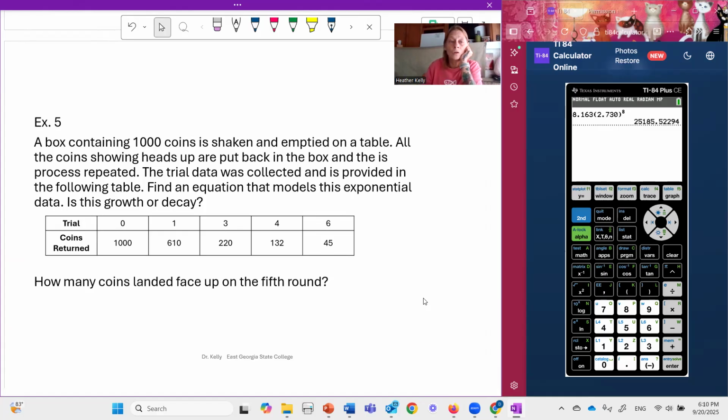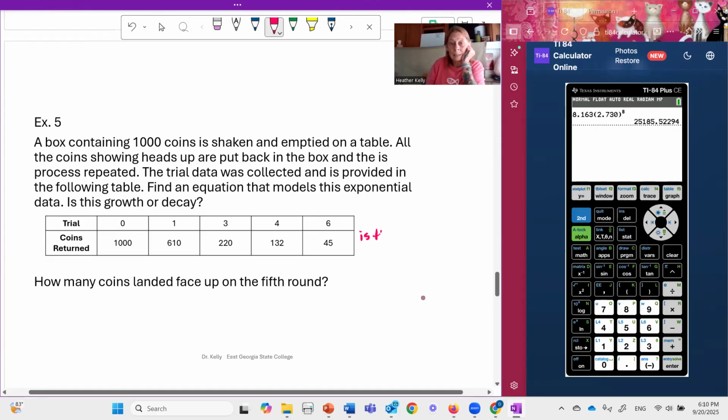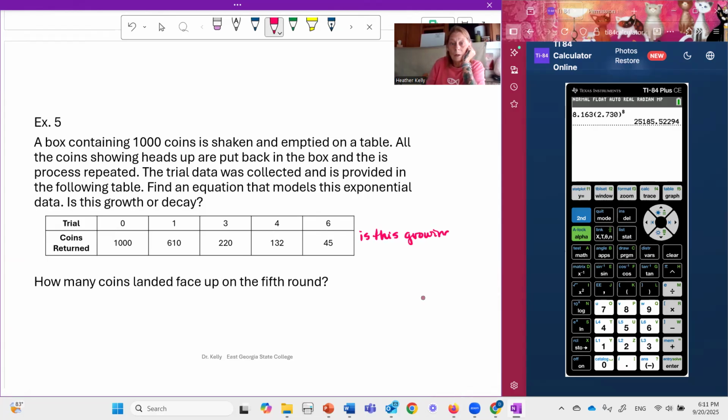Now, we can answer the growth or decay question immediately by looking at the dependent variable. Is the dependent variable growing, getting bigger, or is the dependent variable getting smaller? In other words, is this growing or shrinking? Shrinking, right?